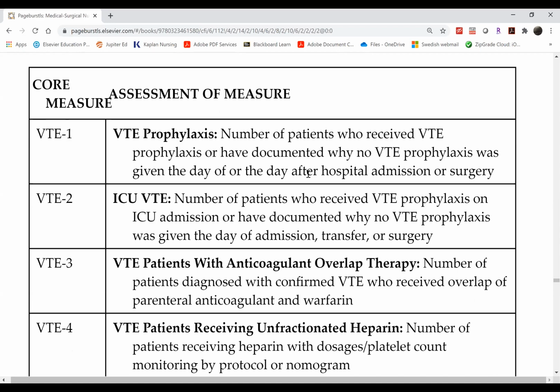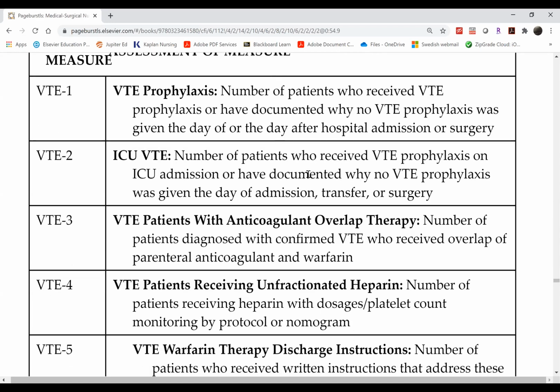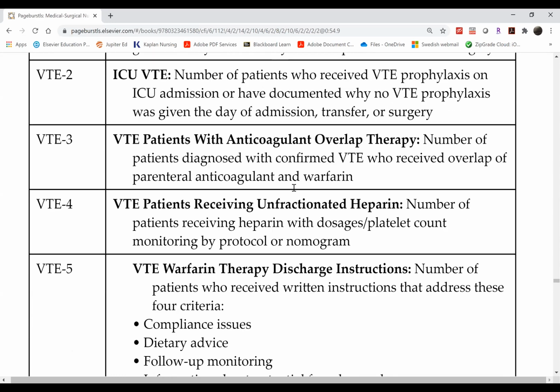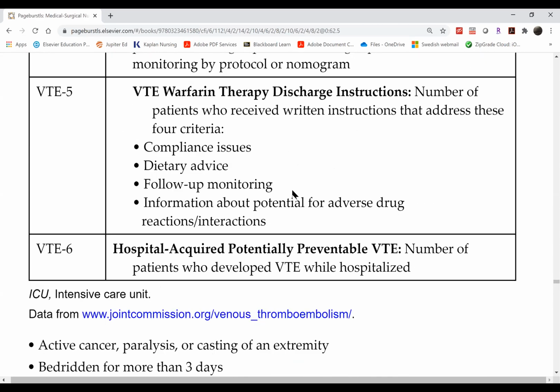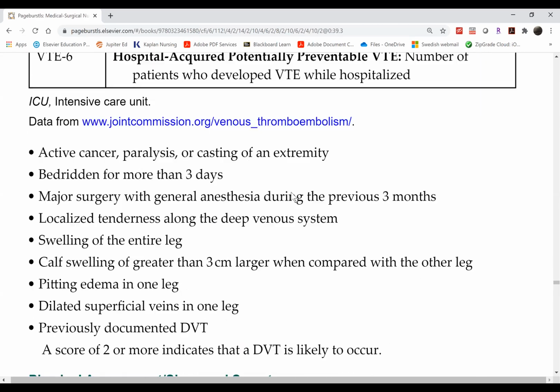So these are your measures, meaning all hospitalized patients must be screened for DVT risk. And then there will be corresponding intervention, preventive measures, and later, if they do develop one, then of course treatment.